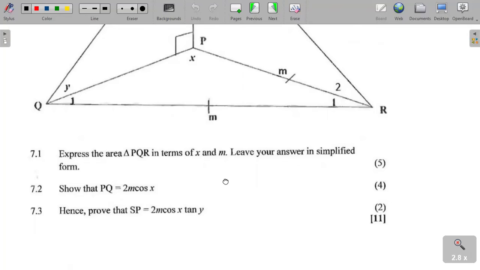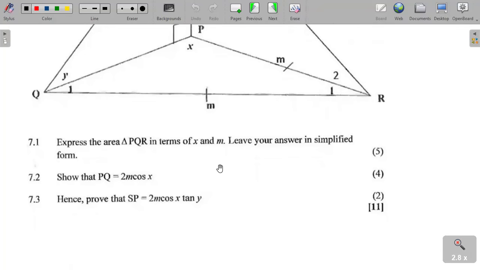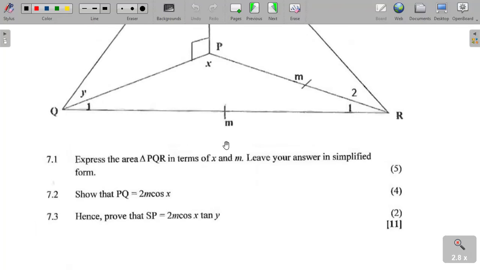What do we know here? We know that if these two sides are equal, so if this is M, it means that also the angles would be equal.